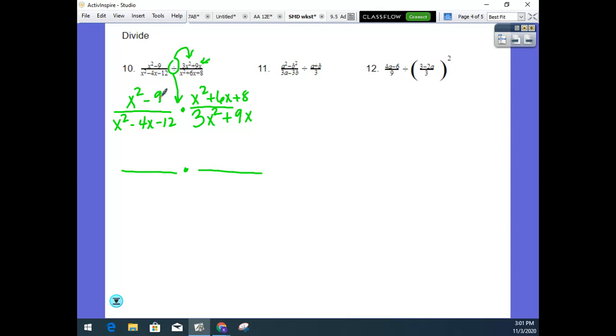X squared minus 9, x plus 3, x minus 3. x and x, factors of 12 that subtract to get 4.